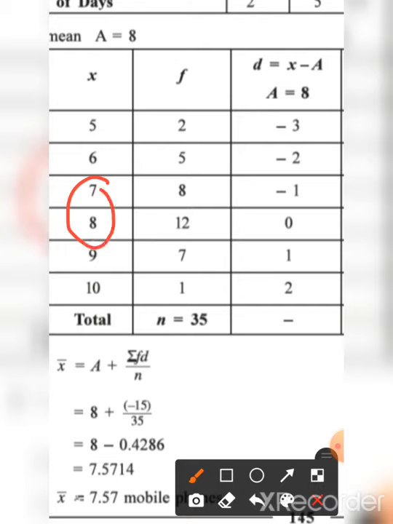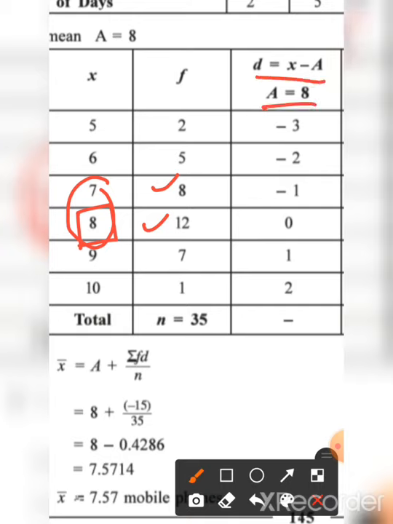You will always find that the xi which has the highest frequency out of the two will become your assumed mean. Over here the frequency for 7 is 8 and the frequency for 8 is 12, right? So the highest frequency is 12 out of the two, and against it the value of xi is 8. That's why our assumed mean is 8.